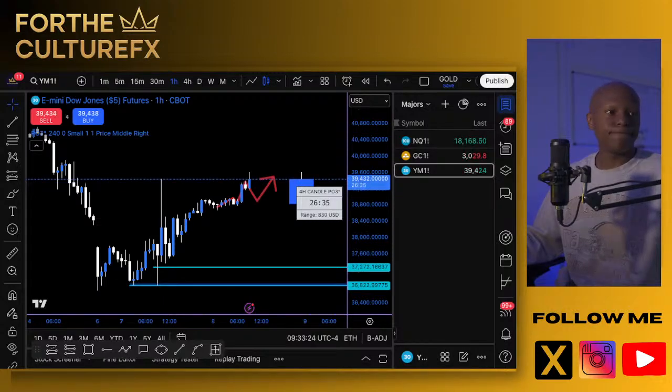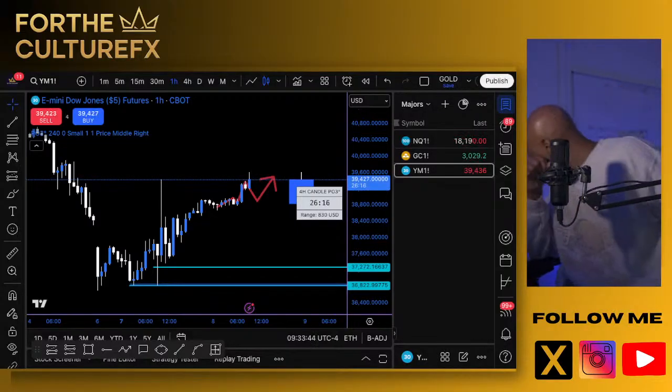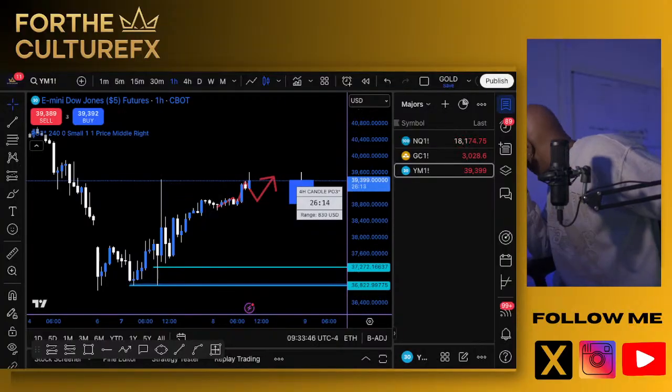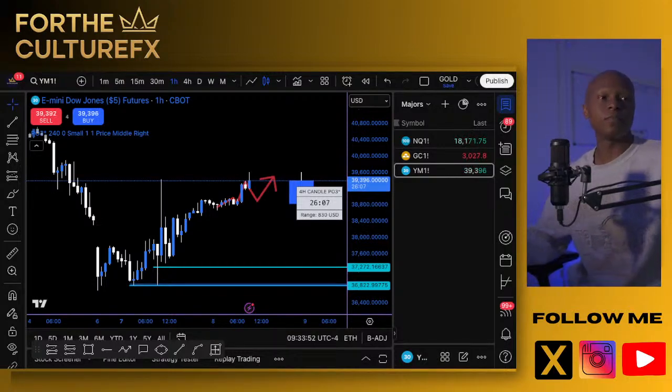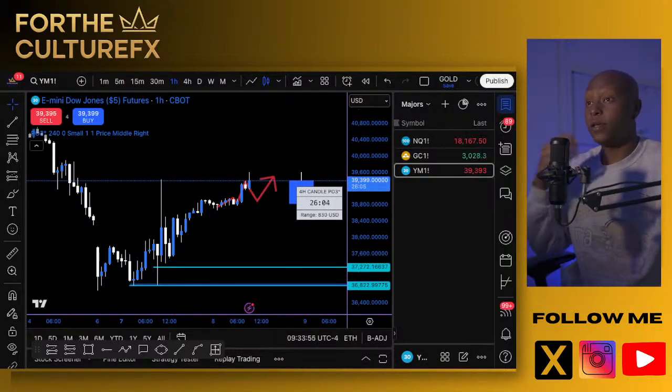I just want to pull up my other chart here so that I have everything pulled up and ready to go.